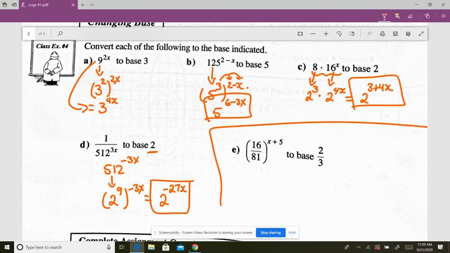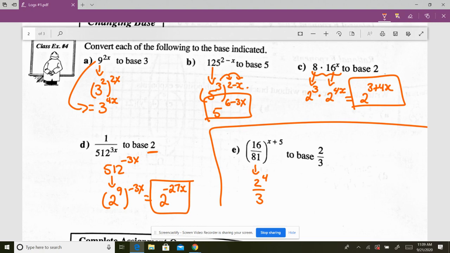So, I go, okay, 2 over 3. 2 to what power is 16? 4. 3 to what power is 81? They have to match. If they don't match, we've got an issue.